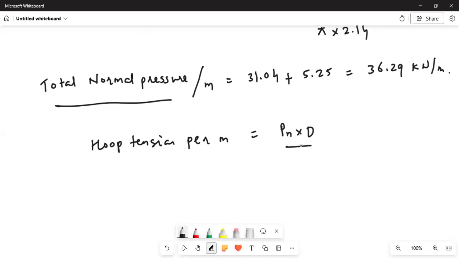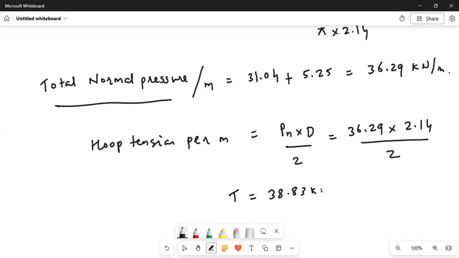You have to take the mean diameter because you are dealing with the hopper bottom, divided by 2. Okay. So Pn is 36.29 into mean diameter 2.14 divided by 2. So the hook tension T equal to 38.83 kilonewton. This is your hook tension that we need to factor.